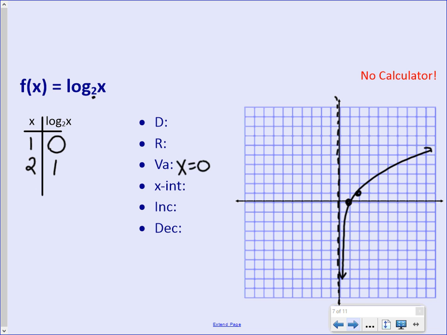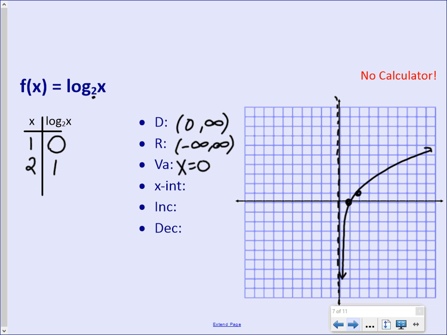Okay, what's the domain then? All real numbers? No. 0 to infinity. That should also make sense if you think about an exponential function. That was the range of a basic exponential function. This is the inverse, so now it's my domain. What's the range of a log? Negative infinity to infinity. The domain of the exponential function becomes the range of the logarithmic function.